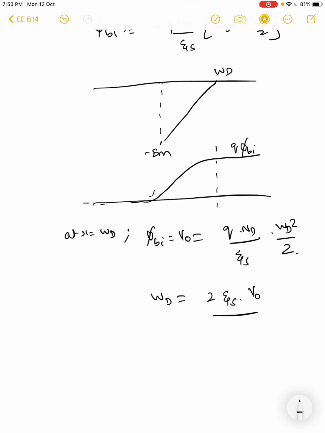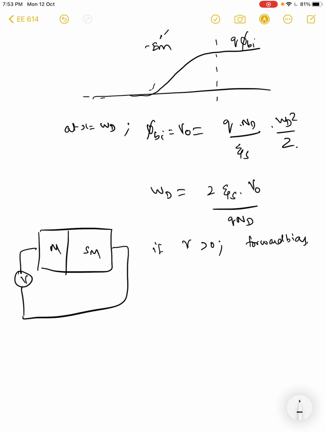So basically we take the same metal semiconductor contact and then apply some potential V, and depending upon this V, if V is greater than 0, you have forward bias, right?